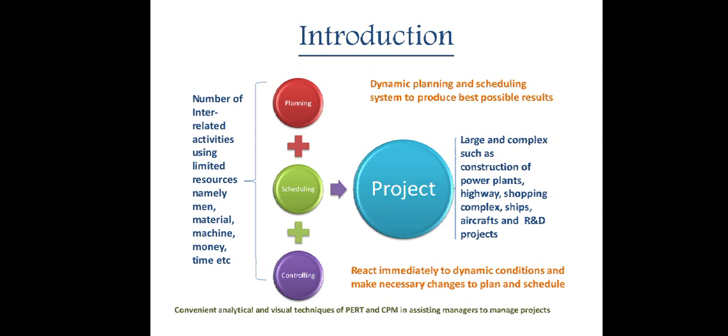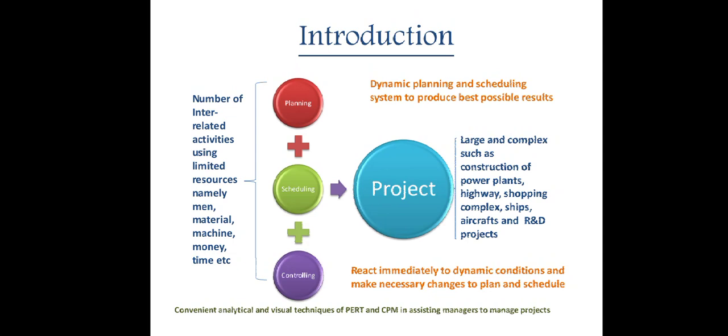So why we need planning and scheduling? Planning and scheduling is needed in order to produce the best possible results. Whenever the managers are planning for a complex project, they have to keep keen concentration on planning and scheduling, in order to get the best possible results. And why do they need controlling?